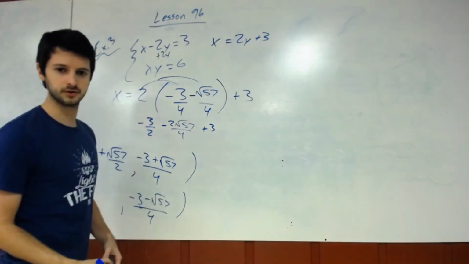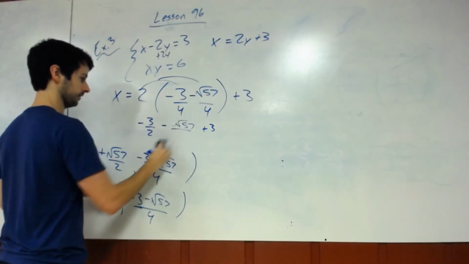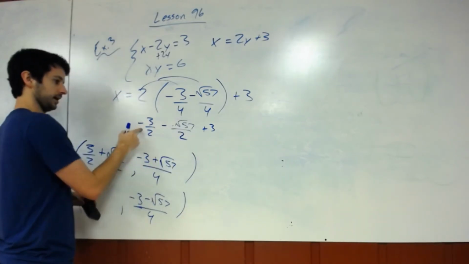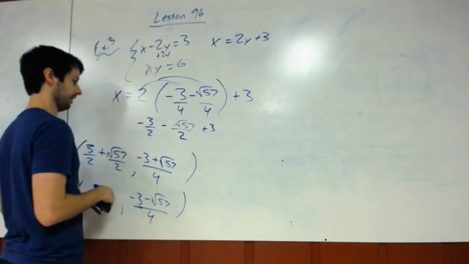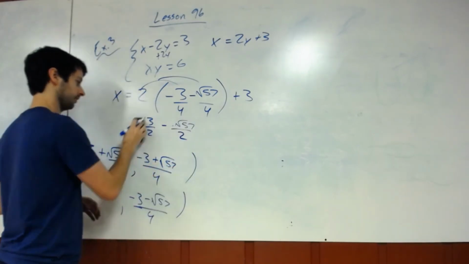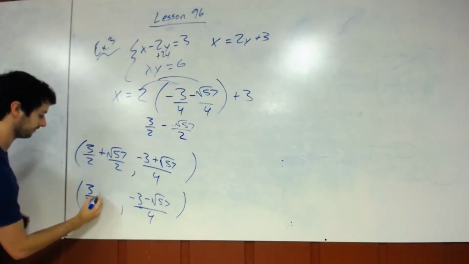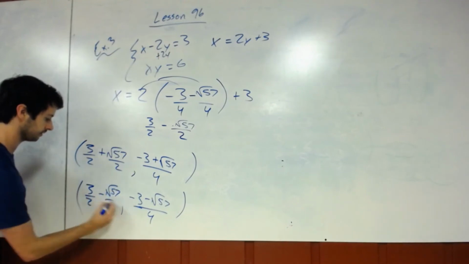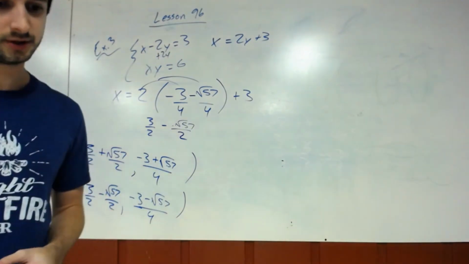Well, we already know what's going to happen. This reduces to 1 over 2. We've been here before. When we add negative 3 halves plus 3, we know that that is positive 3 halves. So that is your answers for x there.